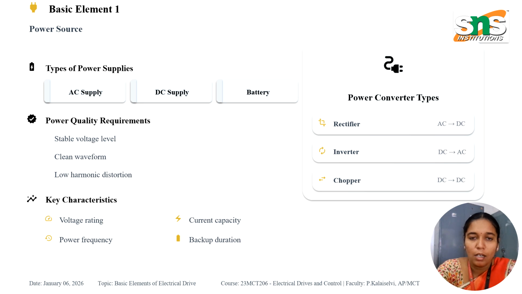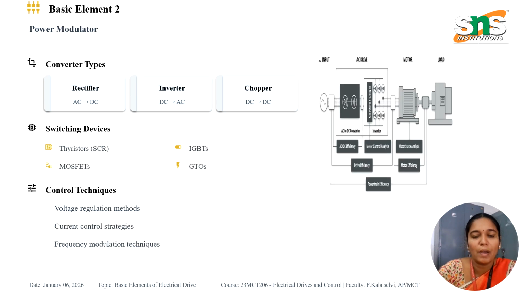Because drive performance depends on stable voltage, a clean waveform and low harmonic distortion. The power converters used with the source are rectifiers, inverters and choppers. The rectifier is AC to DC, the inverter is DC to AC, and the chopper is DC to DC.